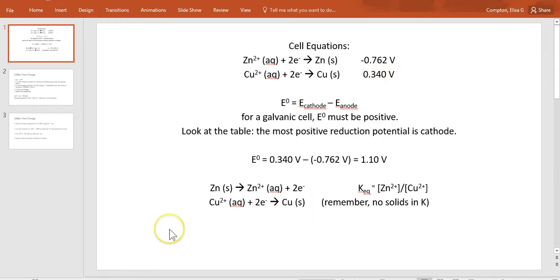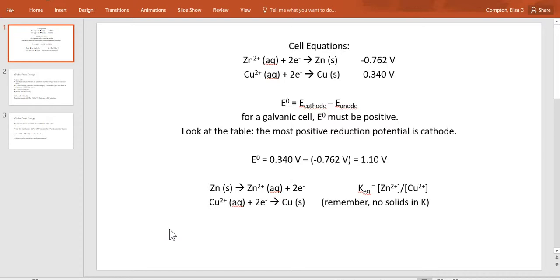We know overall that this cell potential is equal to the potential of the cathode minus the potential of the anode, and since this was a galvanic cell, E0 has to be positive. One way to tell where my cathode is, if I have the reduction potential table, is to find the most positive value.